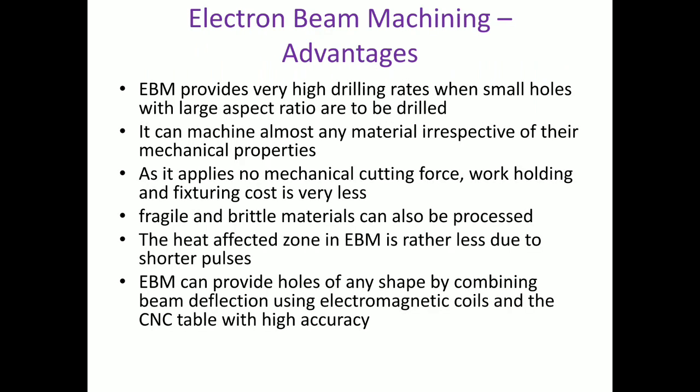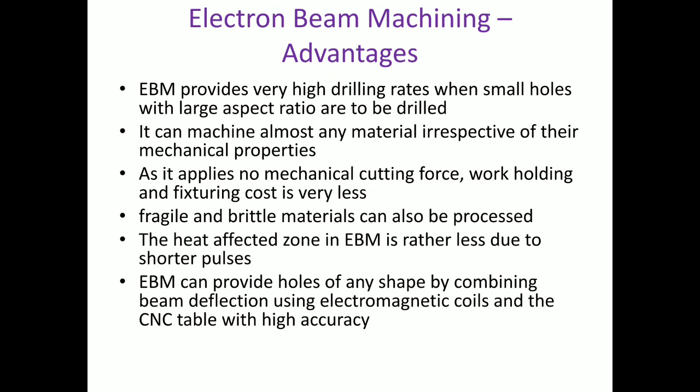Now, electron beam machining advantages. EBM provides very high drilling rates, and small holes with large aspect ratios can be drilled. In laser it was a little bit difficult to drill large aspect ratio holes, but here large aspect ratio holes can be drilled because there is a possibility of maneuvering the electron beam.